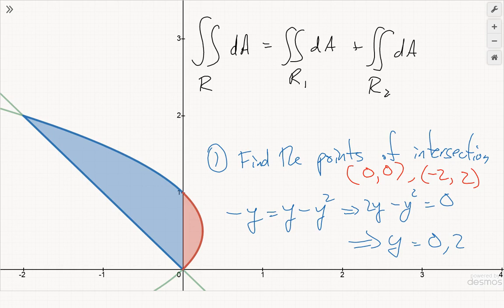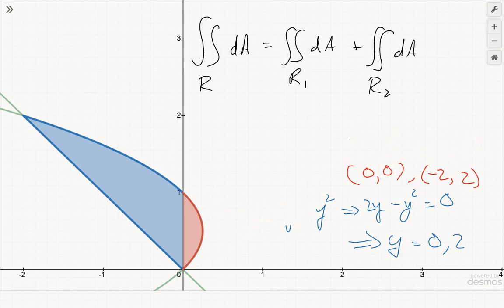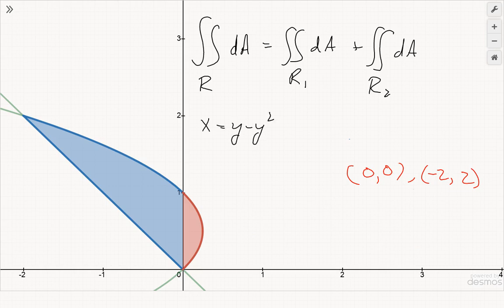So we found these points of intersection. Okay, so if x is equal to y minus y squared, then we can solve for y as a function of x using the quadratic formula. We get y equals 1 plus or minus the square root of 1 minus 4x, all over 2.